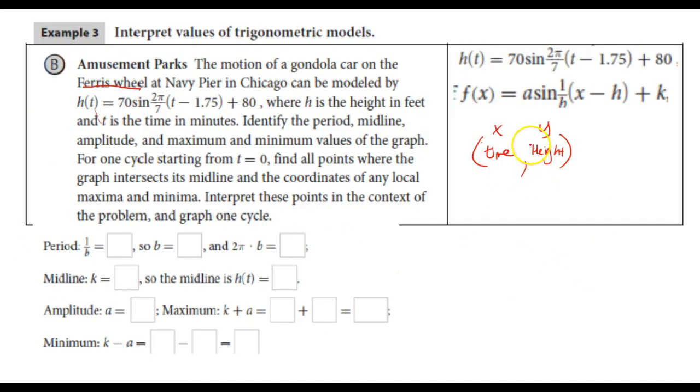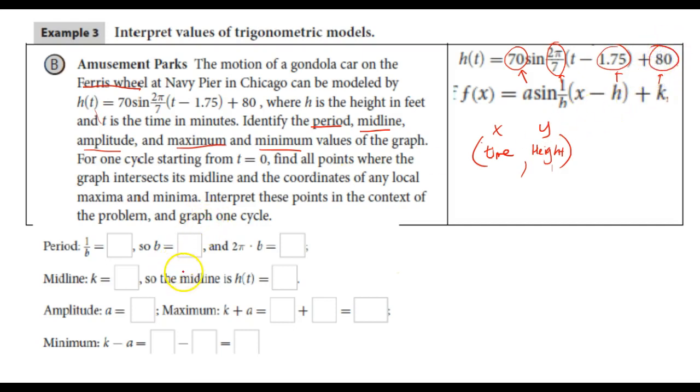It says identify the period, the midline, the amplitude, the max, the minimum, and of course find all these points, including where the graph intersects the midline, and then interpret what this means. Alright, so first things first, let's identify our A value, our B value, our H value, and our K value.